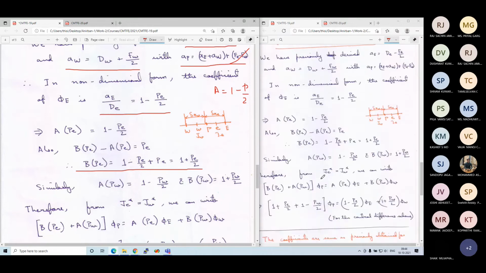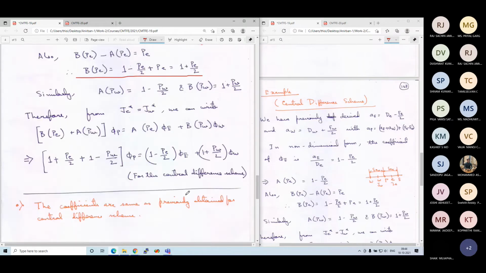How will we verify? These were the coefficients, right? AE is equal to D minus FE by 2, and in non-dimensional form we divide by D, so it becomes 1 minus P by 2. AW was DW plus FW by 2, and in non-dimensional form this becomes 1 plus PW by 2. We are non-dimensionalizing by the local diffusion strength.